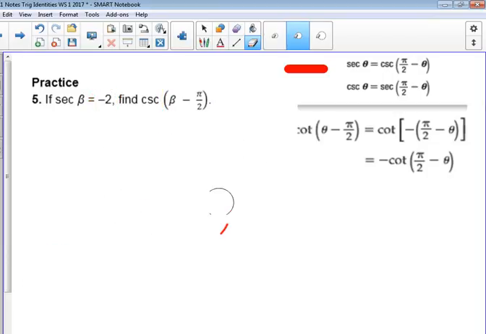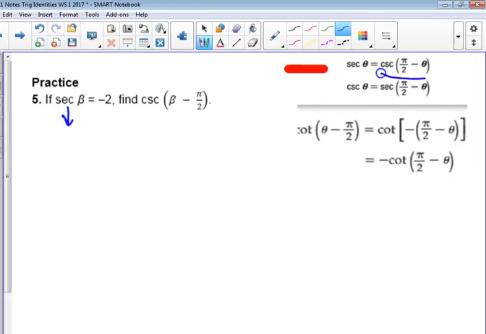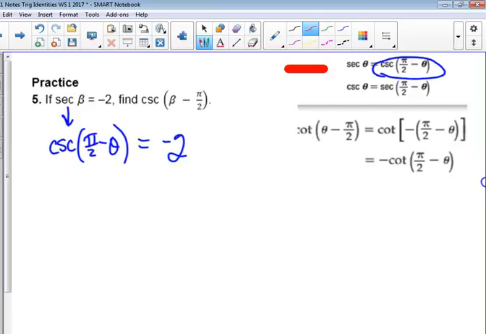Let me try explaining it one more way, okay? I'm not going to ask you this on a test or quiz. Just try to follow one more time here. Trade me for this. Secant is equal to what right here? Cosecant of pi over 2 minus theta. Okay, I just traded out that. Did a trig trade. They want to know this, so we need to do what?